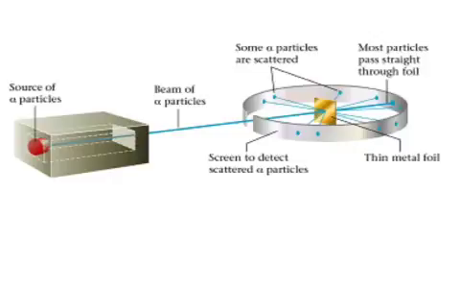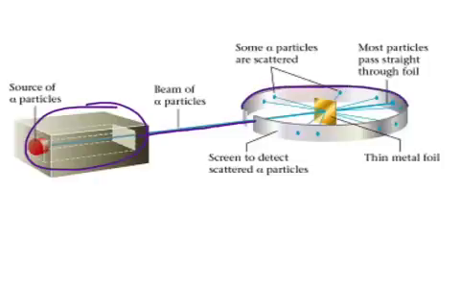Here is the gold foil experiment that Rutherford came up with. And you can see over here he had a source of alpha particles, and he was going to shoot those at a really, really thin piece of gold foil. And the thing that you're seeing here on the outside is just a detector to detect the radiation.